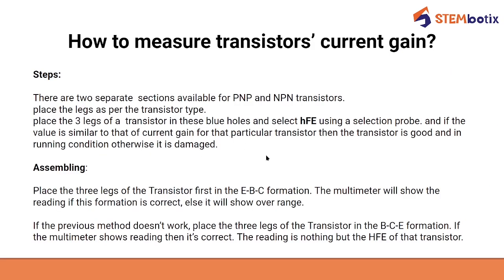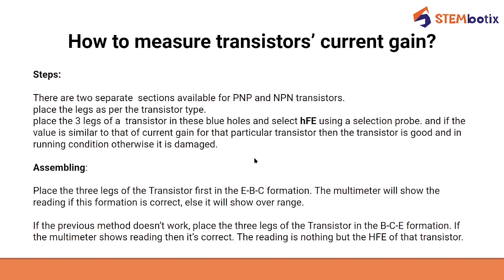So now place the transistor in these holes and select HFE using the selection probe. And if the value is similar to the current gain of that particular transistor, then you can say your transistor is good or in running condition, otherwise it is damaged. So how will you assemble this?